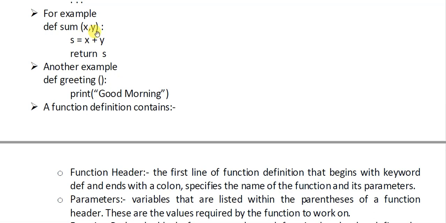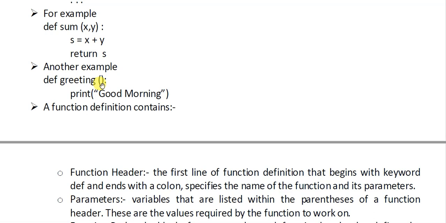Let us have an example of another function that is not requiring any value and is not returning any value either. Suppose we give it the name greeting. How will you write it? Def, space, greeting, the name of the function as per the naming rules, followed by empty brackets, because it is not requiring any value from you.